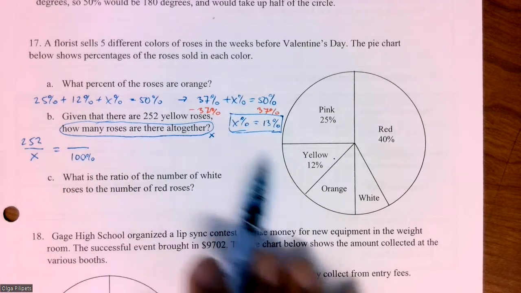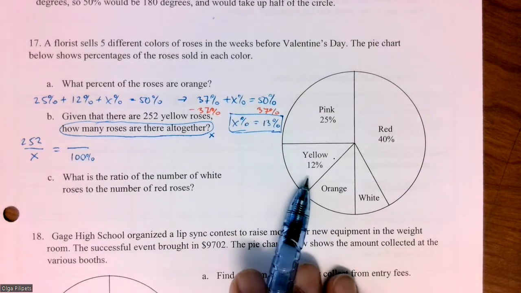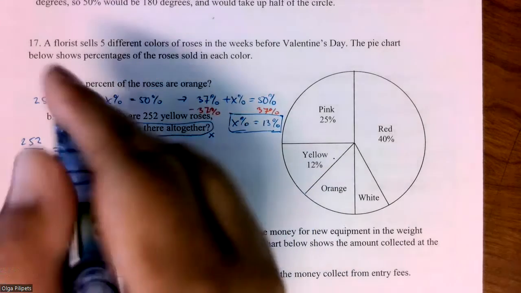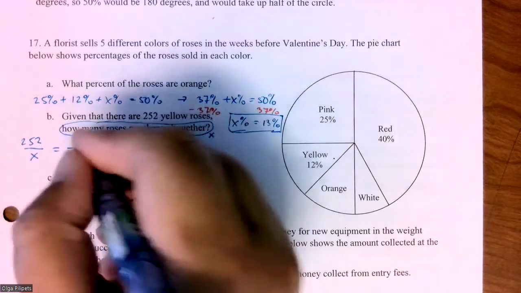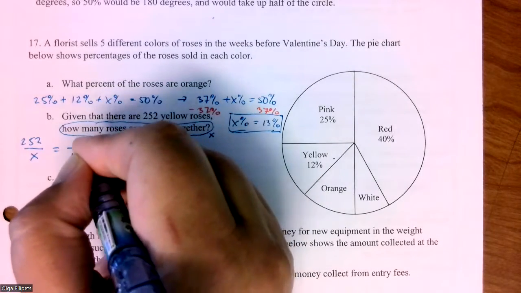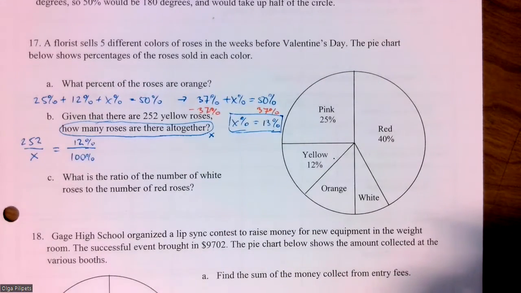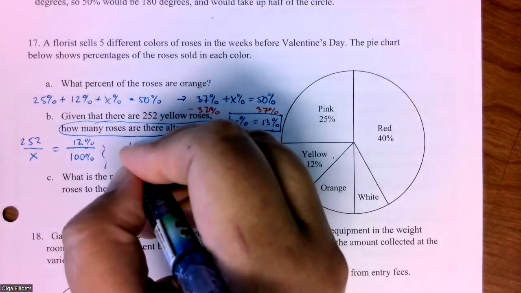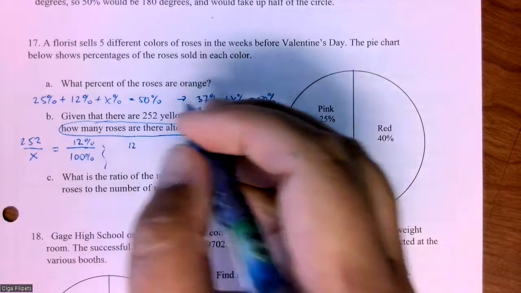Where do we get that? Well, we can read it from the chart. The chart tells us that there's 12% of yellow roses. So we put 12% there. Okay, so we will proceed solving this equation as usual, cross multiplying. So 12%.